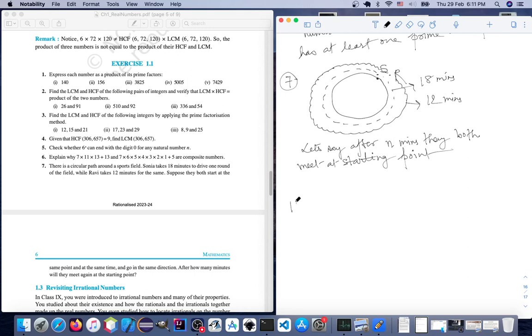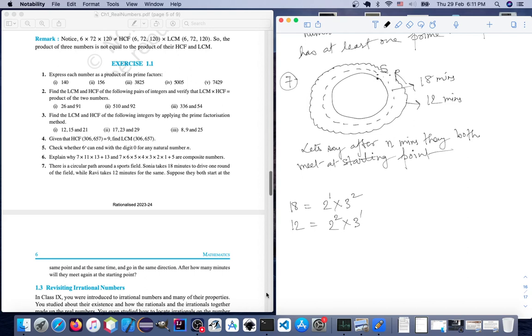18, if we do prime factorization, is 2 into 3 square, and 12 is 2 into 2 into 3. So 2 square into 3.